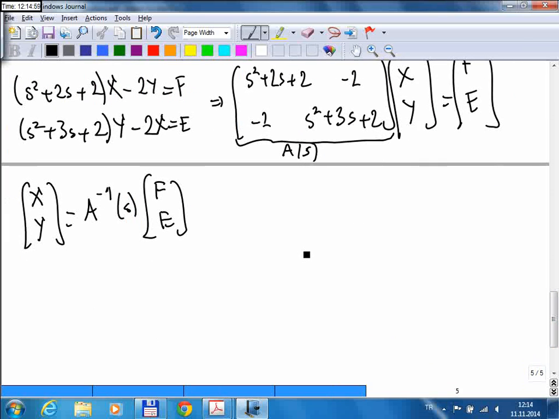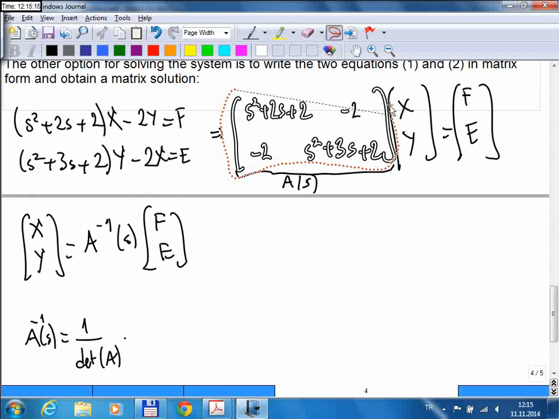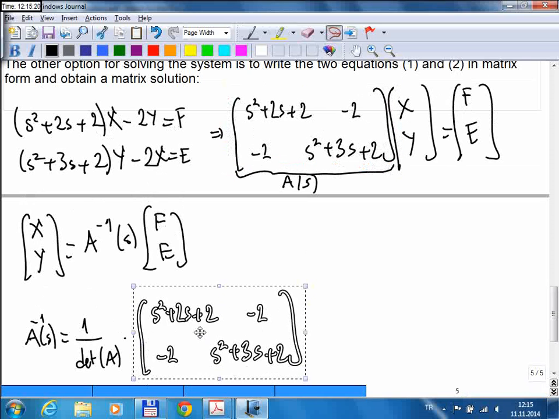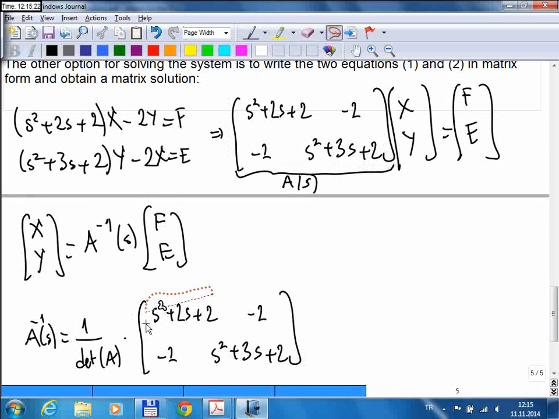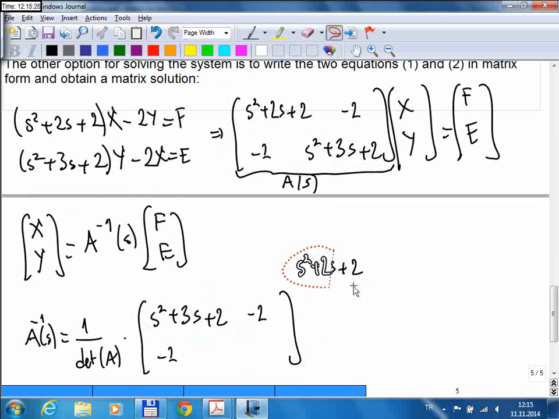Okay, let's write that A(s) inverse is equal to 1 over the determinant of A times... okay, so we should just switch the places of these two, right? This goes there and this goes here.